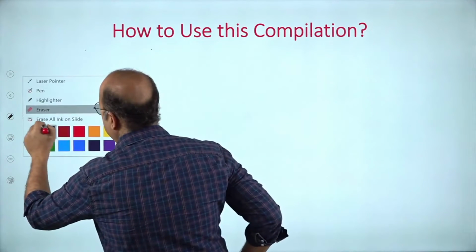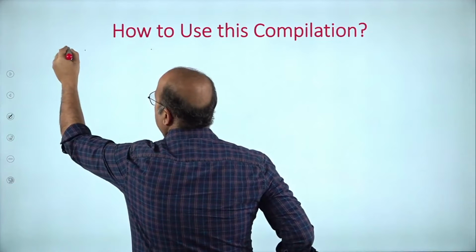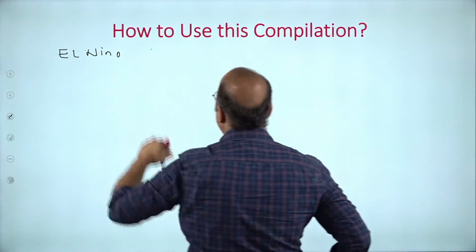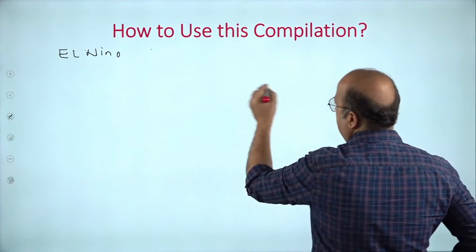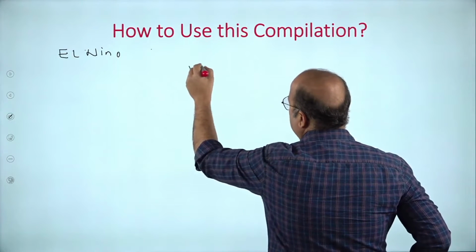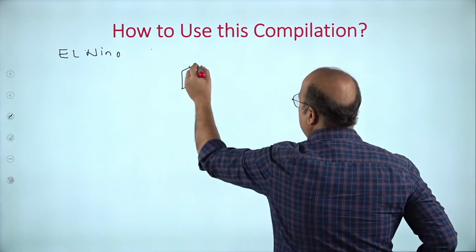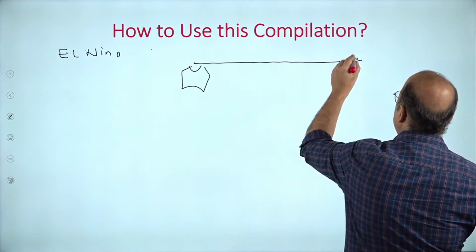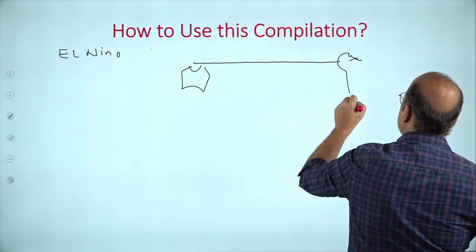El Nino, in fact, is an ocean current. Let us see, we have Australia here, and on this side we have South America. Normally we know that the current moves this side.